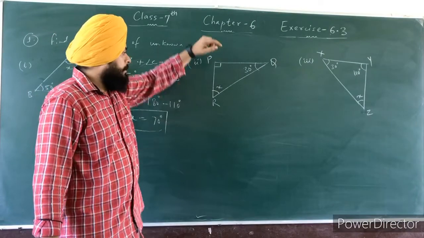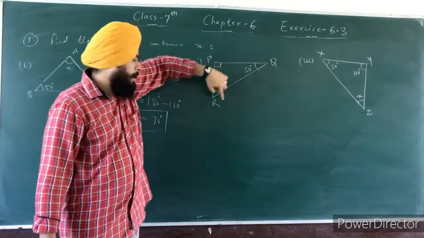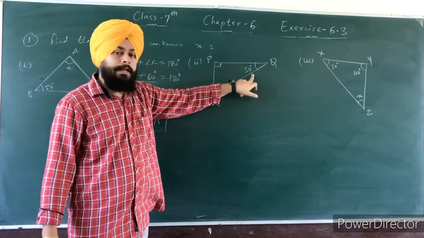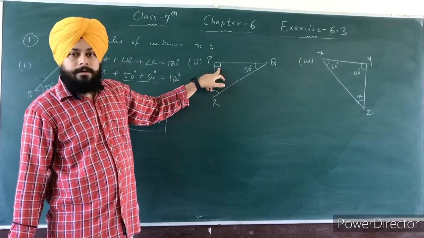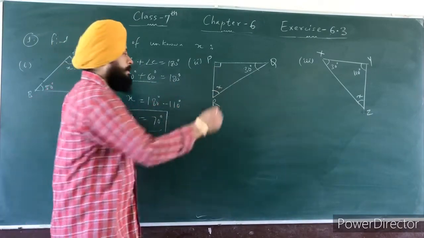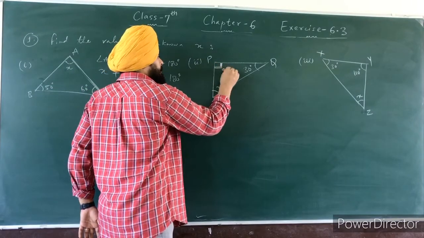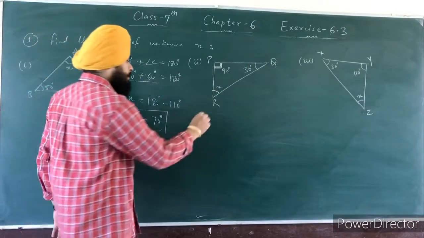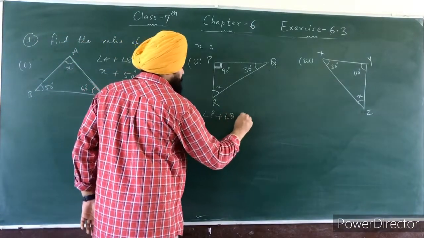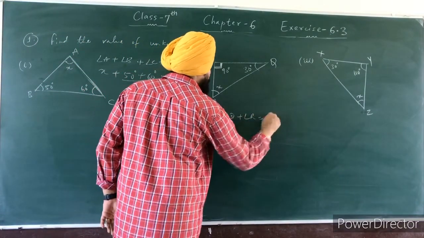Next, second part, the name of triangle is PQR. Measure of angle Q is 30 degree. Measure of angle R is x, and measure of angle P is what? This is the symbol of 90 degree. It means measure of angle P is 90 degree. So you can write here angle P plus angle Q plus angle R is equal to 180.